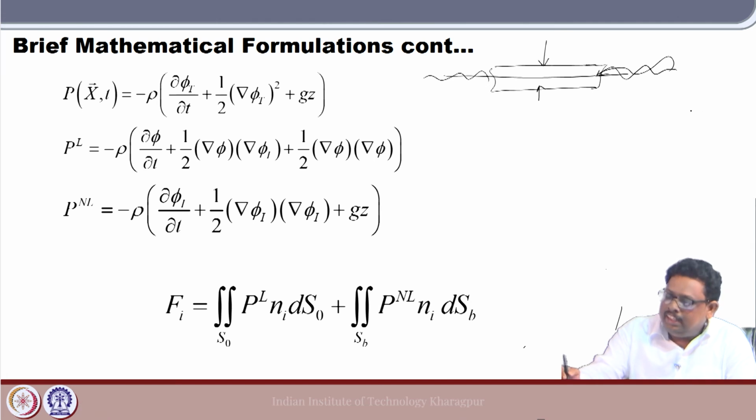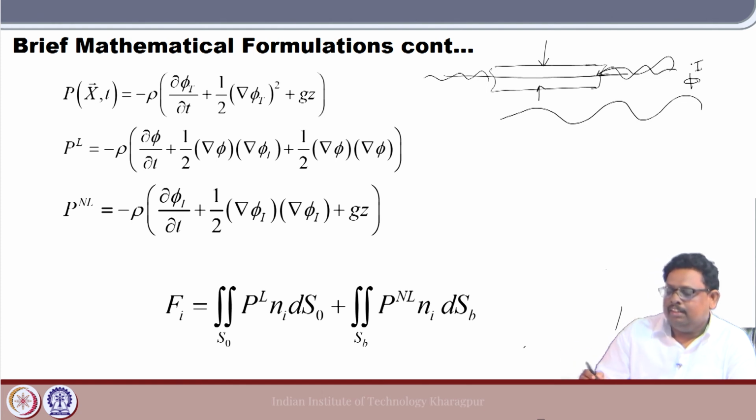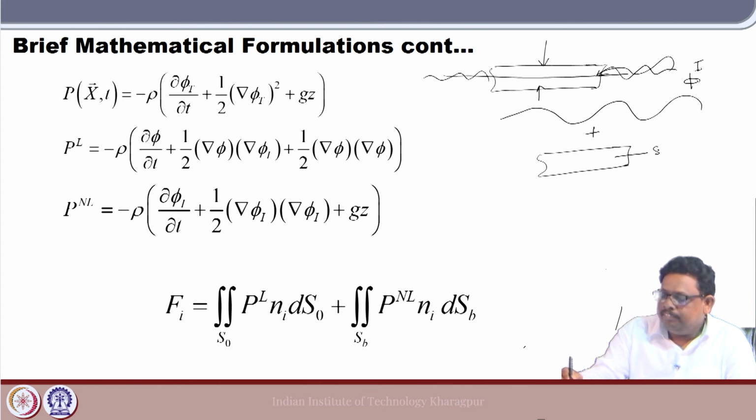So, initially I have only the incident wave potential, we can call this phi I. Then this wave interacts with the ship.